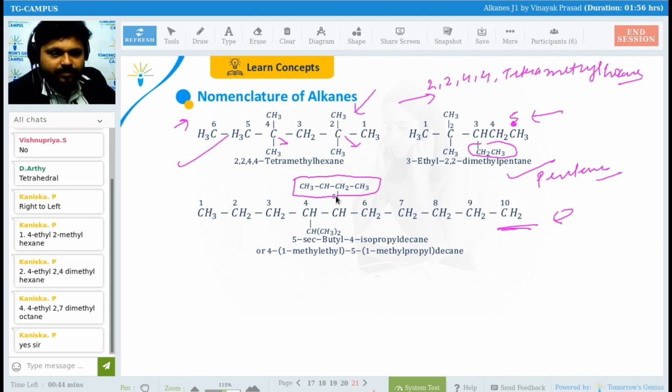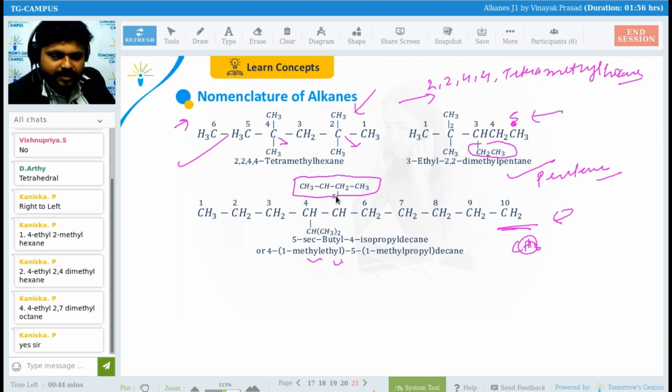So we can say, at 4, a methyl and ethyl. One CH2 is attached with another CH2, guys. So it will be 4-(1-methylethyl). And at fifth position, we are having what? 4 carbons. So what will we call this?